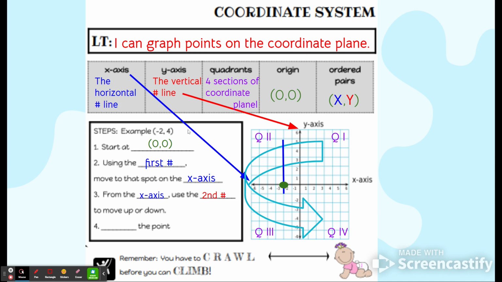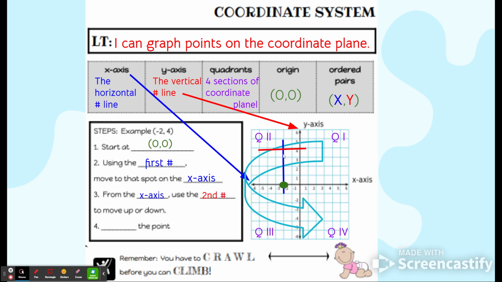And this y value is going to tell us whether we're going up or down and how many spots. Now it's positive, which means we're going to be going up, and the number is 4. So we're going to be going up 4 spots. Okay, so let's do this third step. So from the x-axis, where we're at right now at our -2, we're going to go up 4 spots.